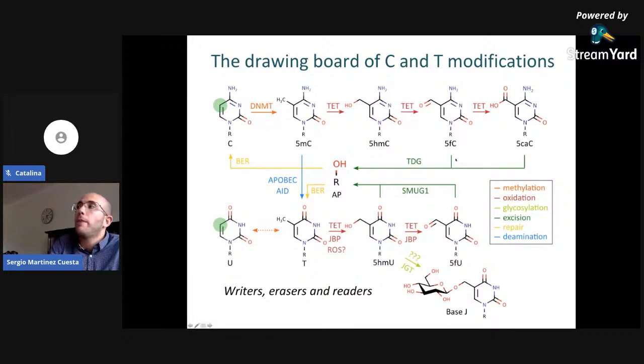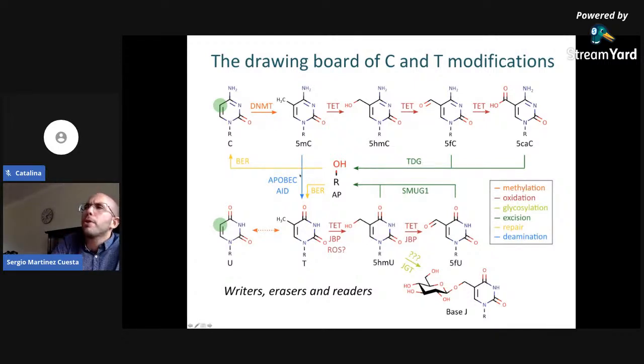And then you have what are known as excision enzymes, so enzymes that detect the modification and excise it, so they break the glycosidic bond and form an abasic site, okay? And then there is a machinery in the cell called base excision repair that takes that abasic site back to either the cytosine or the thymine, okay?